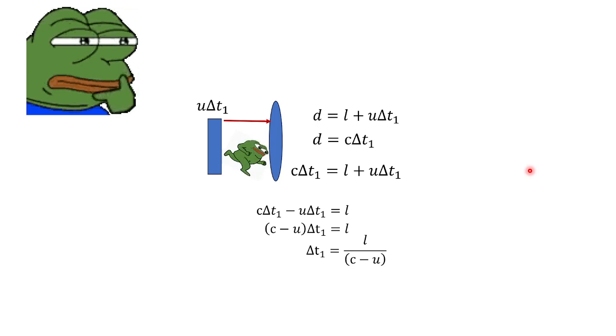And you just have to manipulate it algebraically to arrive at the expression delta t sub 1, which is equal to the body length of Pepe over the difference of the speed of light and the relativistic speed of Pepe.